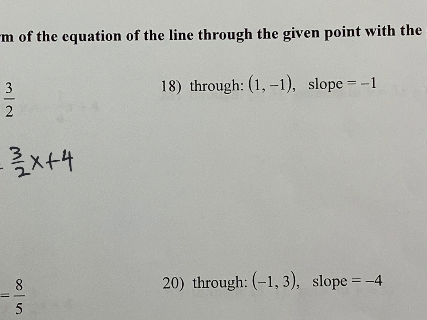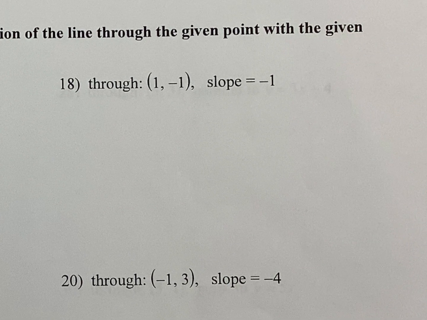All right, let's do number 18. So we have our slope, y equals negative 1x, and everybody make sure you understand that that's the same thing as a negative x. There is a 1 in front of everything. Okay, now plug in your x and your y. Make sure you put them in the correct positions.